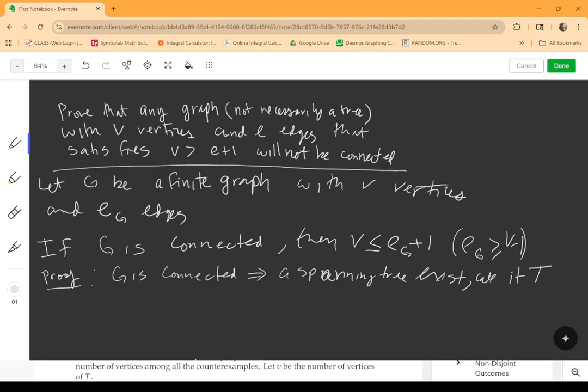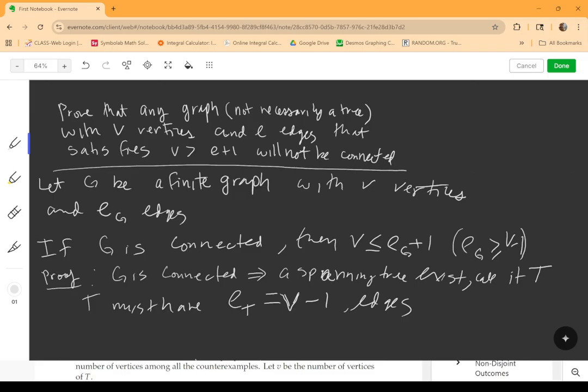Well, the tree T must have E sub T equal to V minus 1 edges. Again, also one of the properties we went over in this module. So E of T must equal V minus 1 edges.